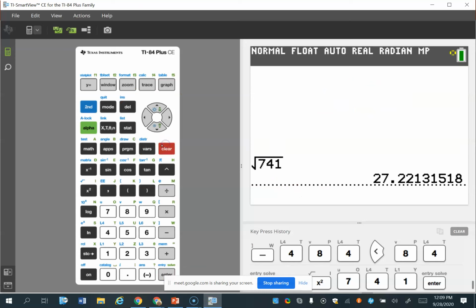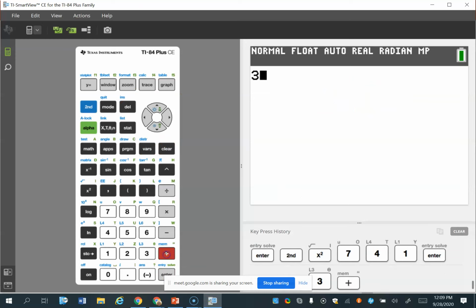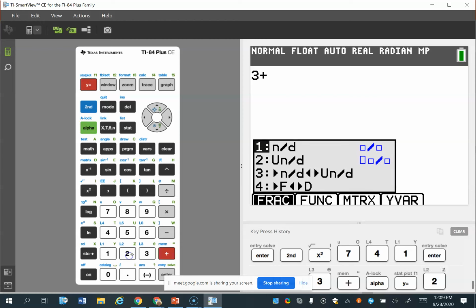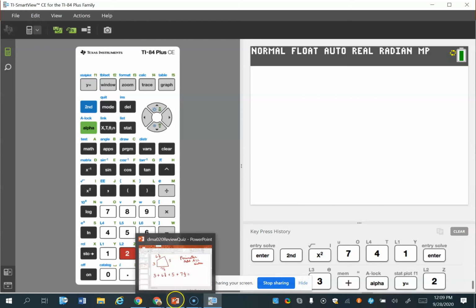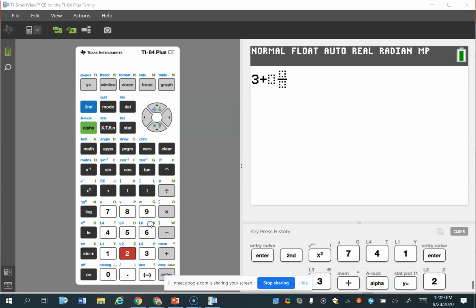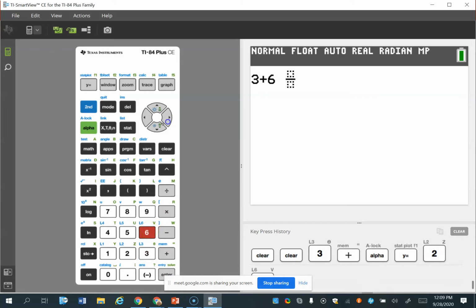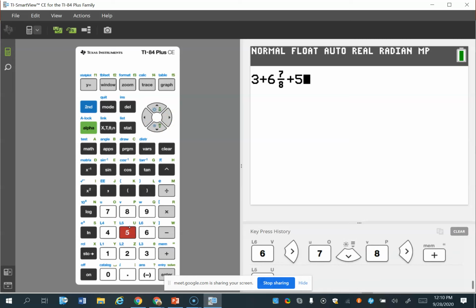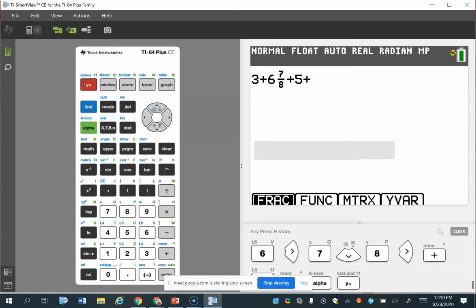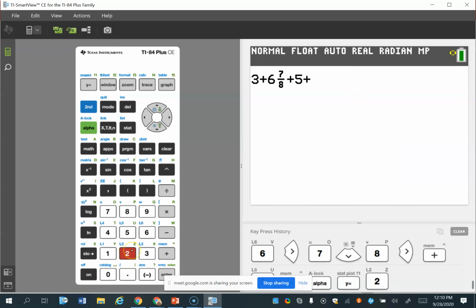Okay, so we have our 3. Alpha y equals, choose number 2. We're going to add to it 6 and 7/8. We're also going to add to it the whole number 5. And then we're going to add to it our 7 1/3.